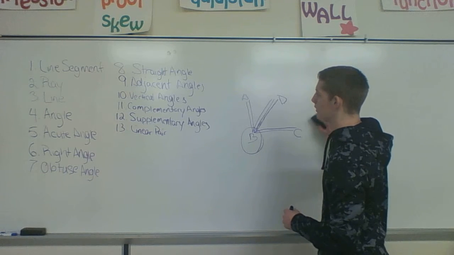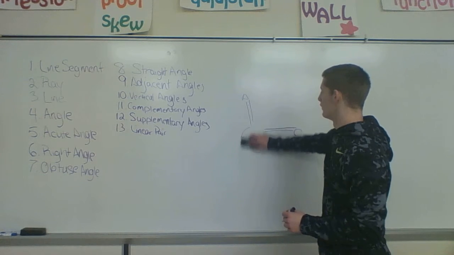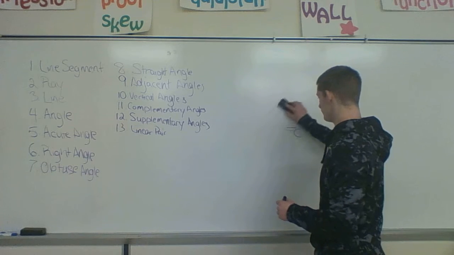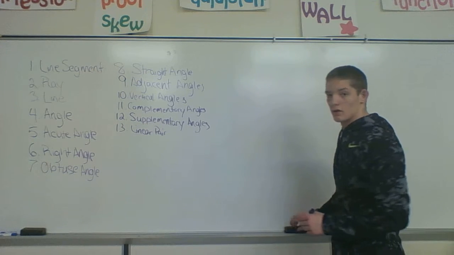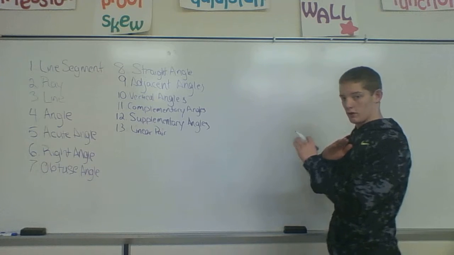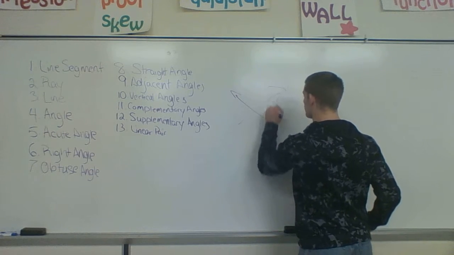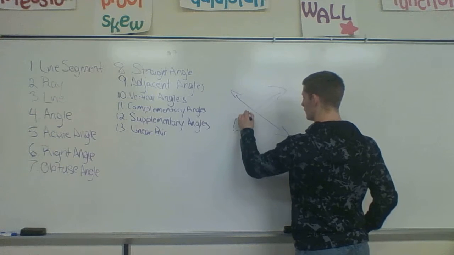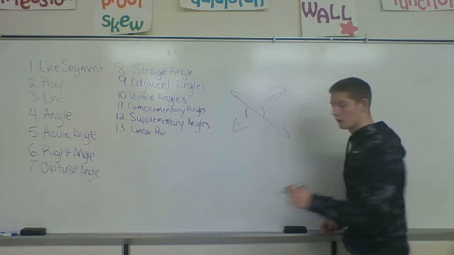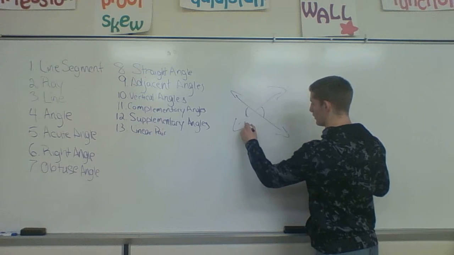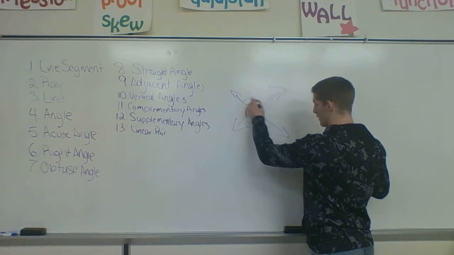And next, we have vertical angles. So when two lines cross each other, like this, this and this are your vertical angles. Or if you'd like to go on, these two are also vertical angles.